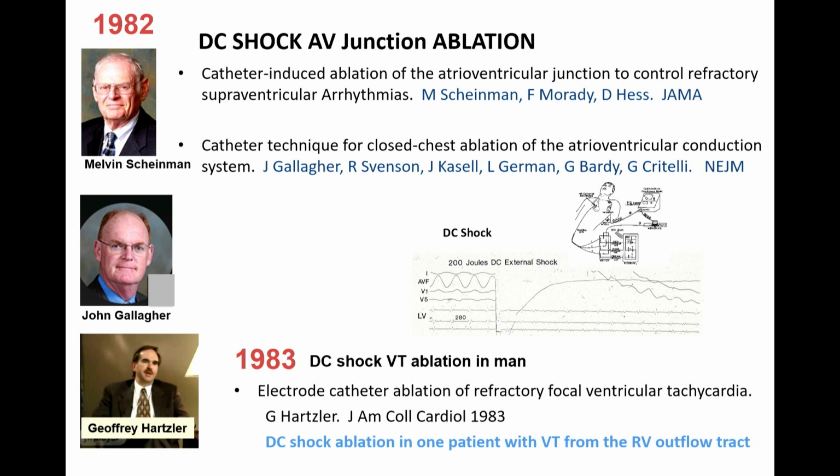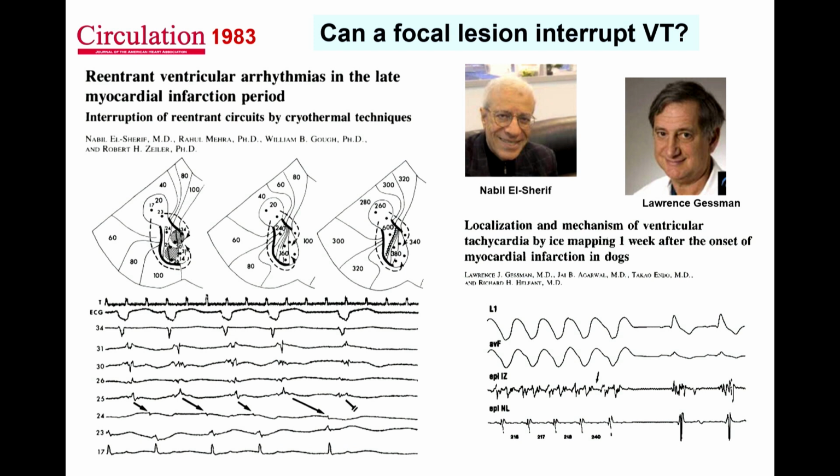His first patient was actually an idiopathic RV outflow tract VT. Probably the last patient any of us would want to put a catheter in and hook up to a defibrillator and deliver a shock with the attendant barotrauma that can be produced. But the patient did well, and the field was launched.